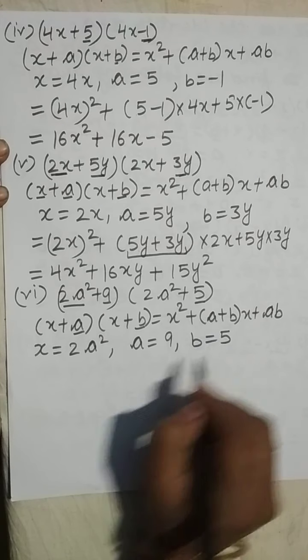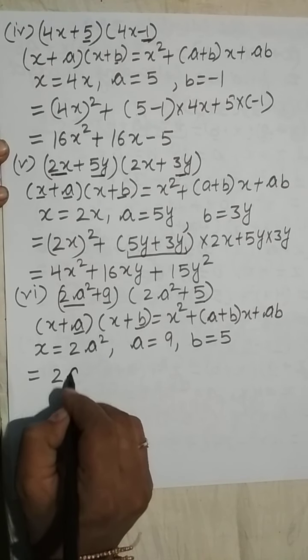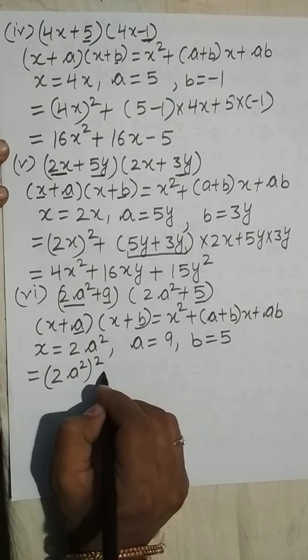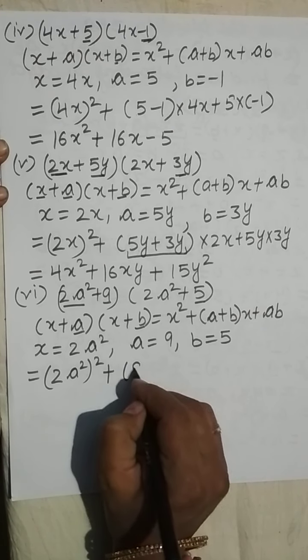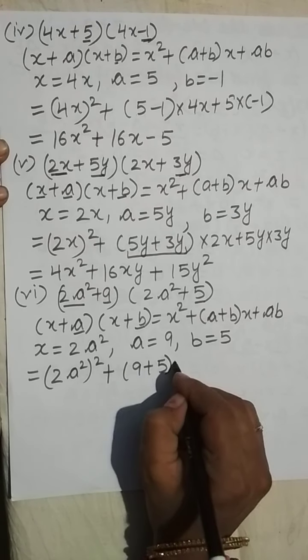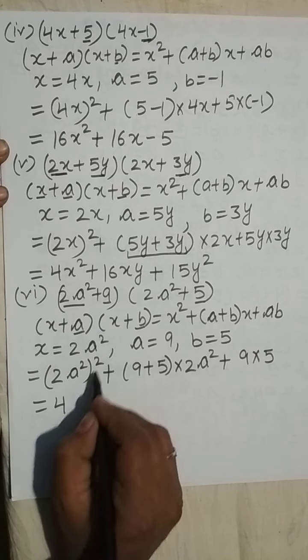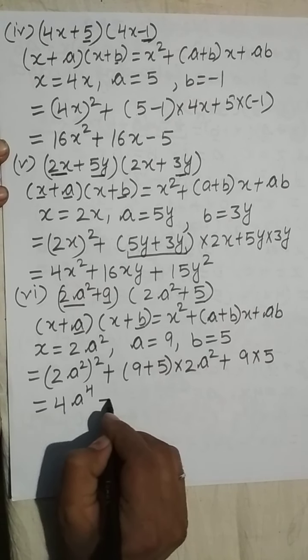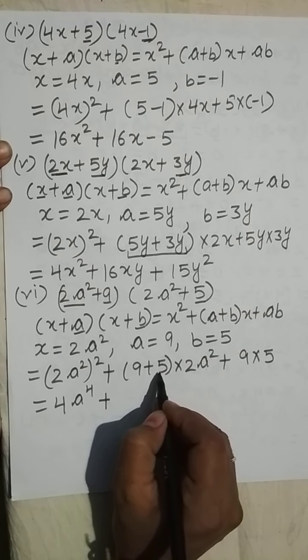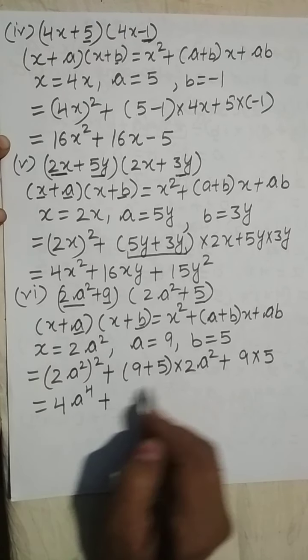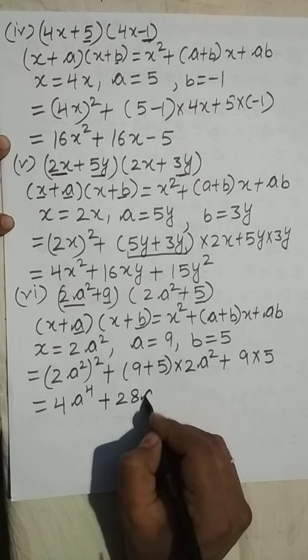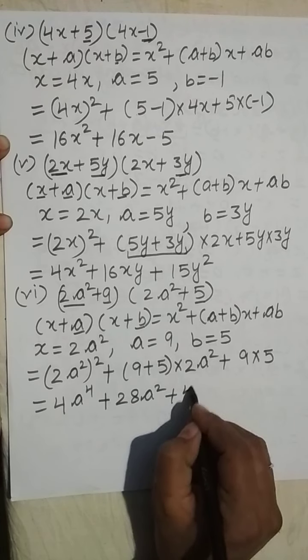Now substitute the values. 2a square plus 9 plus 5 multiplied by 2a square plus 9 multiplied by 5. Now square of 2a square is 4a raised to power 4 plus 9 plus 5 is 14, 14 2's are 28, 28a square plus 9 5's are 45 is the answer.